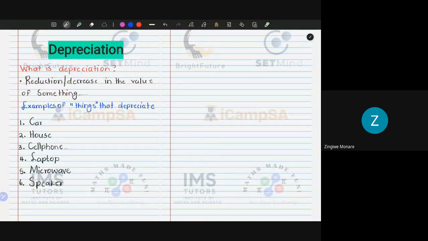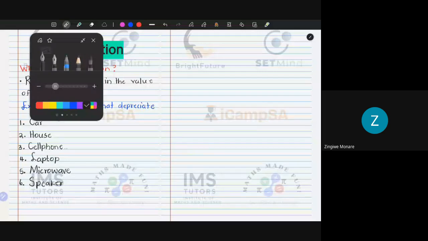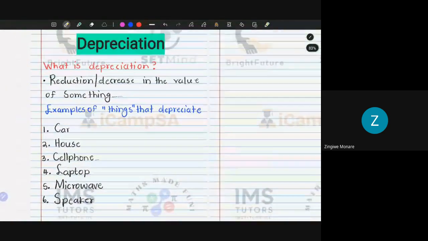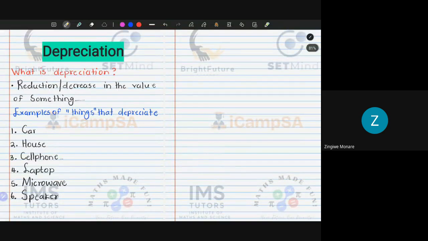So these things lose value with time. The only thing that is a bit debatable is a house, and this depends on where you are. There are places where if you buy a house today, you can sell it at a more expensive amount later.